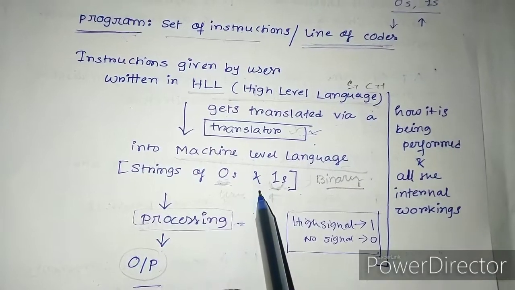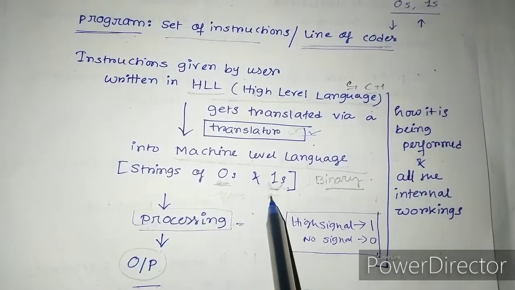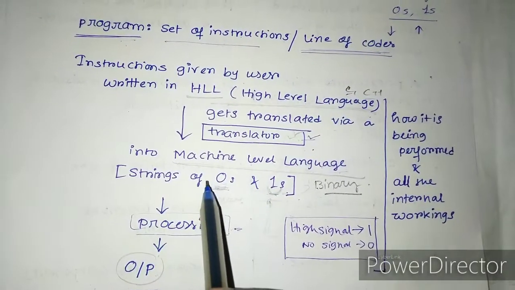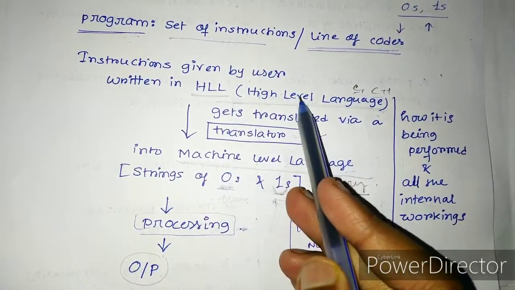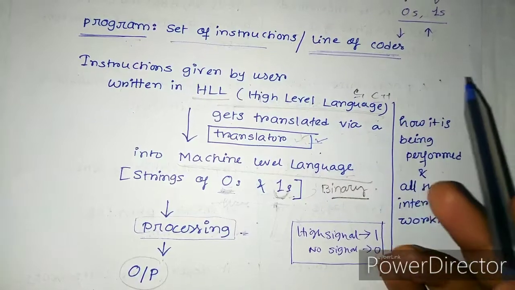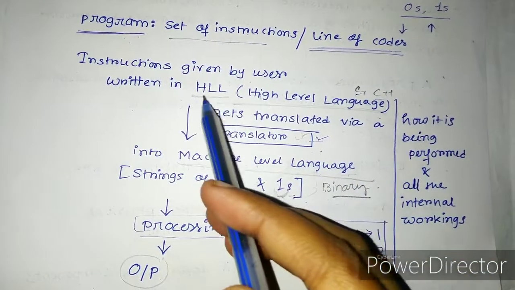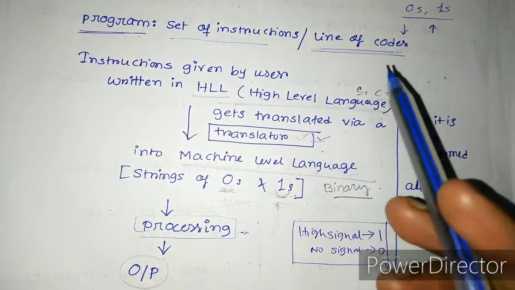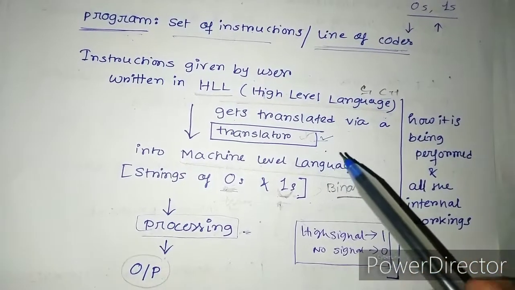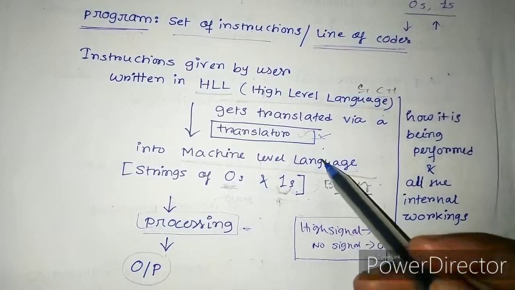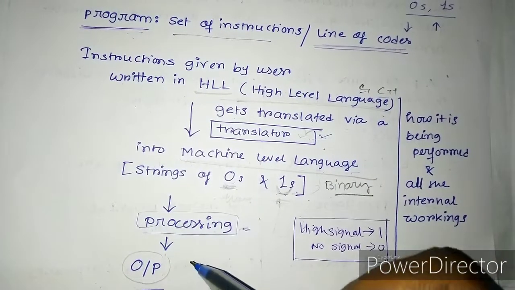But it is impossible for a human being to remember all these things, right? So a programmer writes code in a high level language, say for example C, C++, Java and all. This high level language code will get translated via a translator. After that, it will get processed and we will get our favorable output.